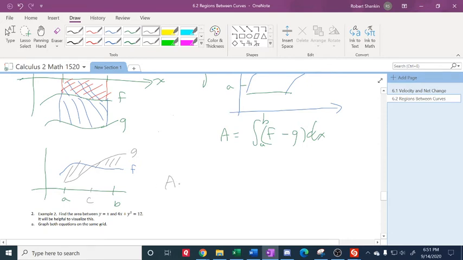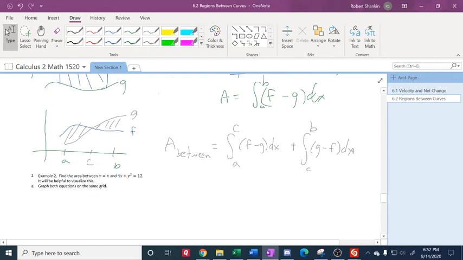So the area between is the integral from A to C, where we do the upper minus the lower, f minus g dx, plus the area from C to B. Now the upper is g minus f dx. And that would give you the area between these two curves.